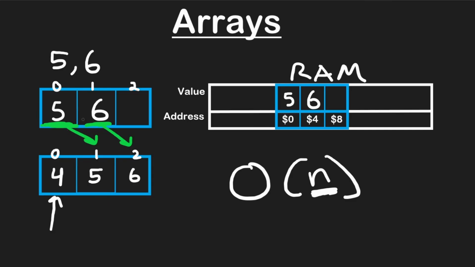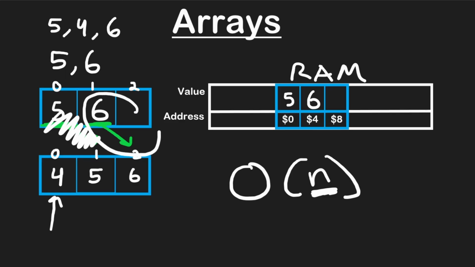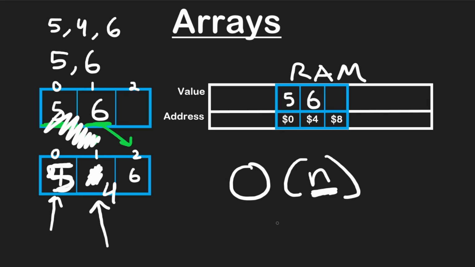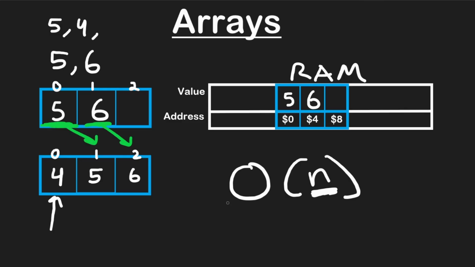But if we were inserting in the middle between 5 and 6, let's say what we actually wanted to do was have a 5 and then a 4 and then a 6, then we wouldn't have had to shift the 5 at all. We would only have had to shift the 6. The 5 would have stayed over here on the left, and we would have inserted the 4 over here. So in that case, we would have only needed to shift one value, not every value in the array.